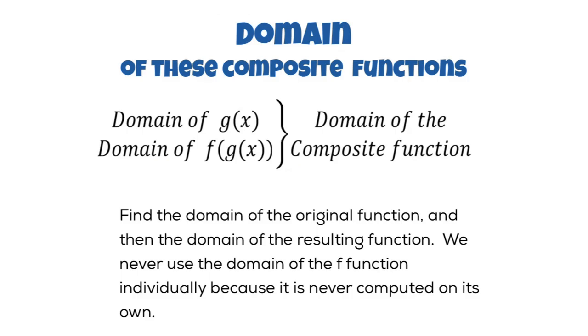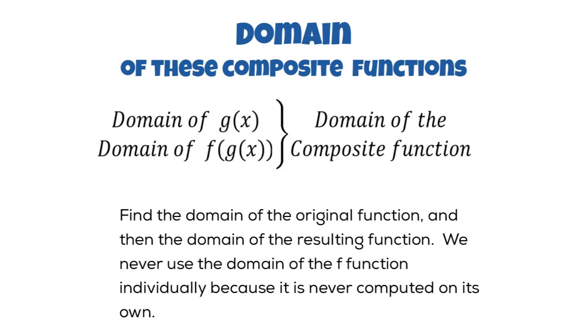Last thing, we have to talk about the domain on these composite functions. It works differently. All right, so if I'm going to do like an f of g of x, kind of like this notation here, where you take the g function and you put it into the f function. Now, you actually have 3 things going on. You got your g function, and you got your f function, and you have your f of g function. But here's the deal.